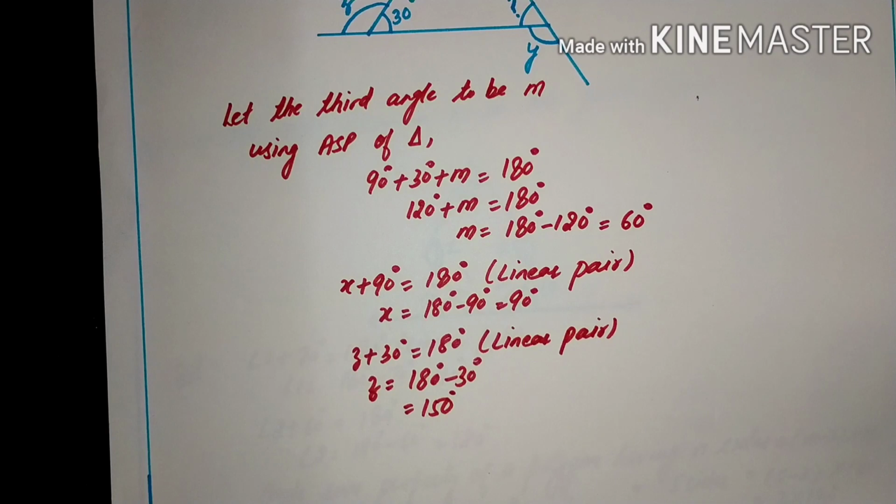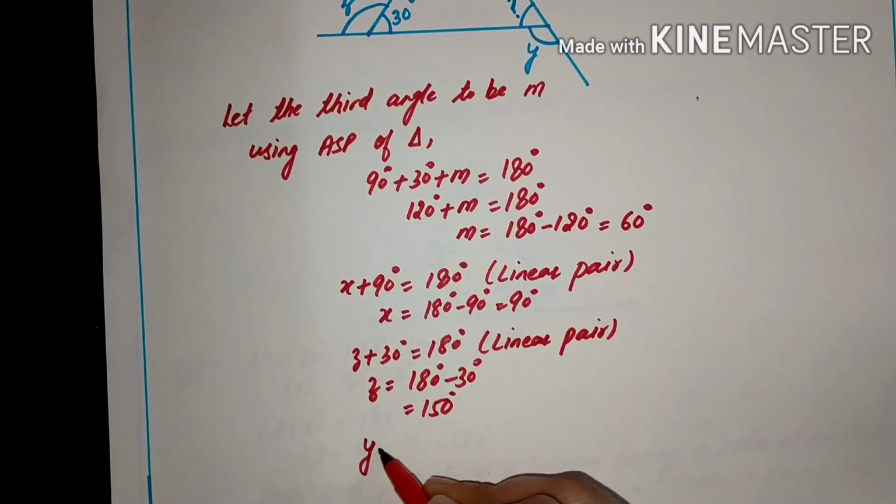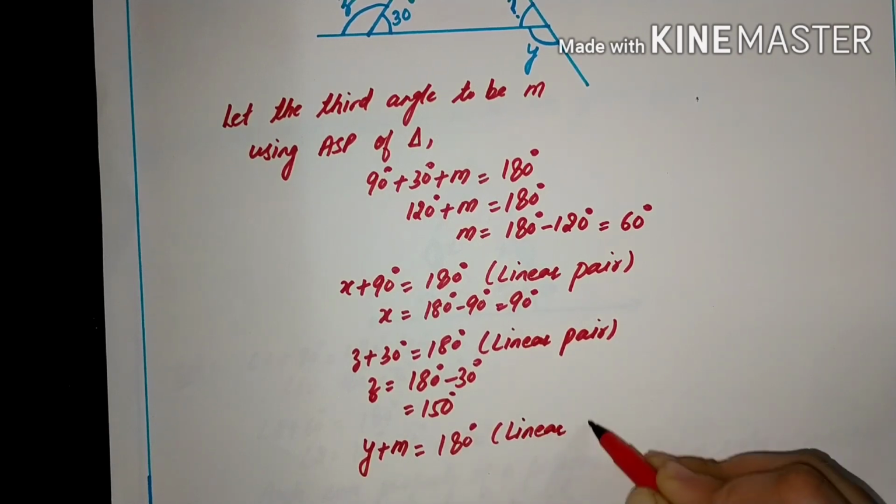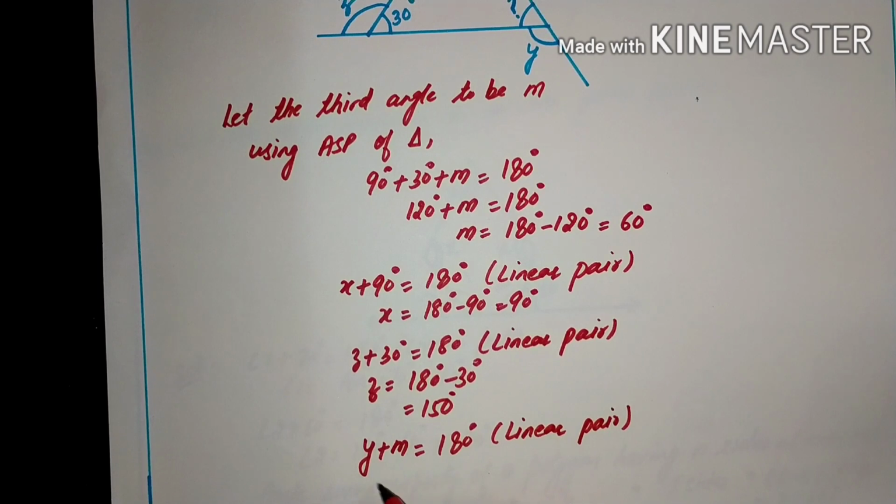Now one is left, that is y. y plus m is equal to 180 degrees, again forming a linear pair, and the value of m is 60 degrees. So we will put here y plus 60 is equal to 180. y will be 180 degrees minus 60 degrees, that is equal to 120 degrees.